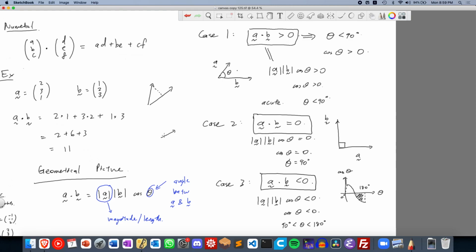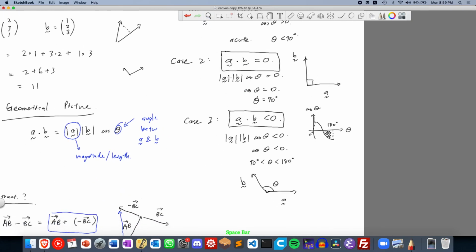If they are perpendicular, the dot product is going to be 0. And lastly, if the vectors are pointing in opposite directions, then the dot product is going to be negative.